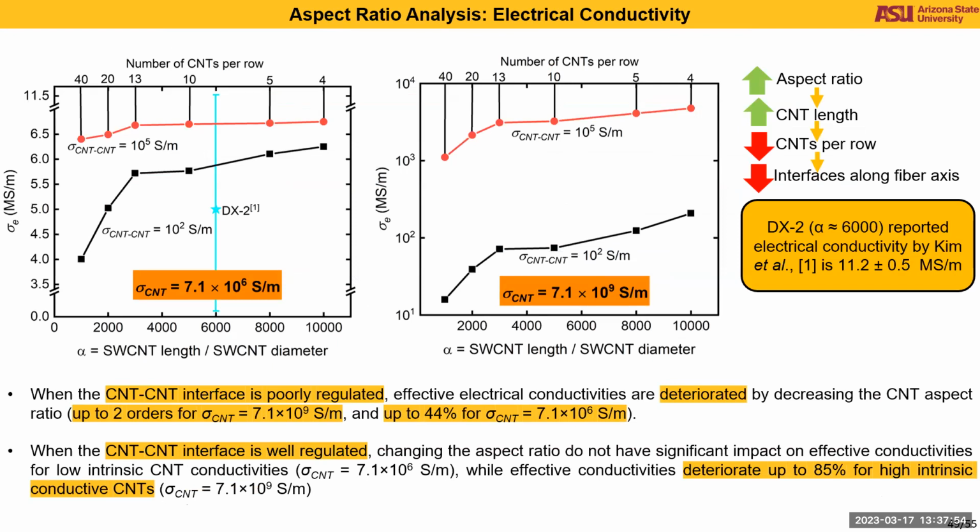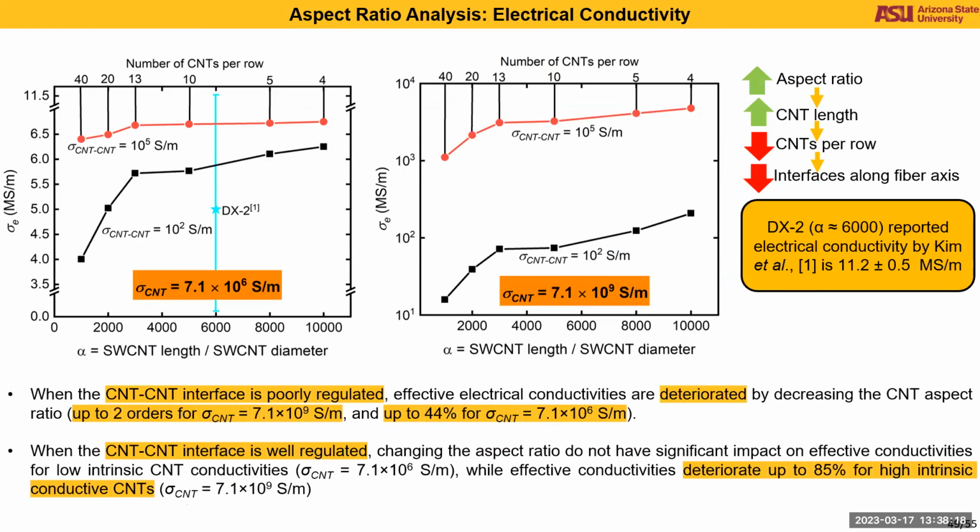So using FEM, we estimated the effective electrical and thermal conductivities for the various aspect ratios of CNTs as a function of CNT-CNT interface resistance and intrinsic CNT conductivities as well. Obviously, when you decrease the aspect ratio of CNTs, you are going to get more voids in your fiber.